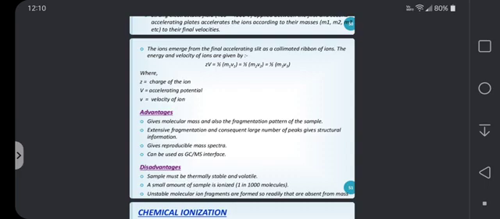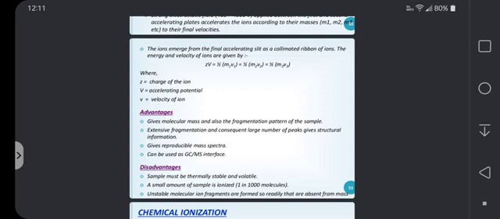The ions emerge from the final accelerating slit as a collimated ribbon of ions. The energy and the velocity of ions are given by the following equation. Advantages of this method are that it gives a molecular mass and also the fragmentation pattern of the sample.